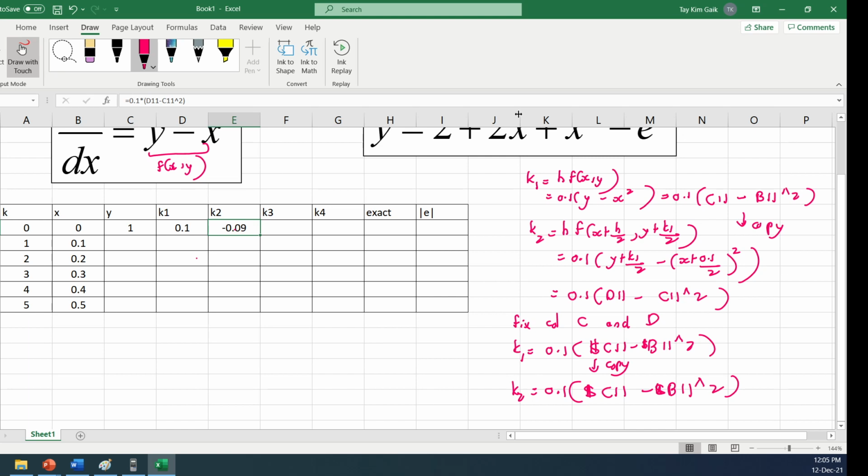Later on, if I copy it down and I don't fix anything, initially C11 becomes C12, B12. I don't want the row to be fixed, I just want the column fixed. That's why it's only a dollar sign in front. For a constant, you fix column and fix row, that's why there's a dollar in front and a dollar at the back.